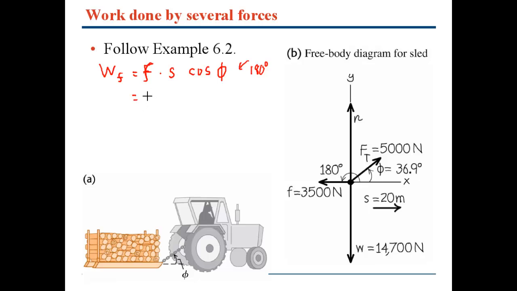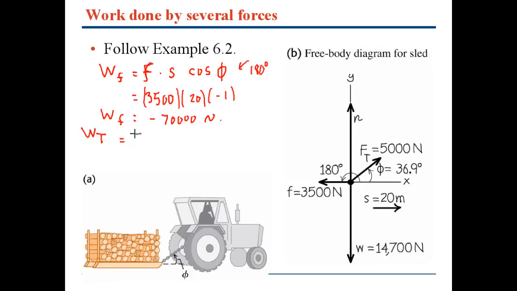So the work done by the friction force is going to be 3,500 newtons multiplied by 20 meters multiplied by -1, which is -70,000.